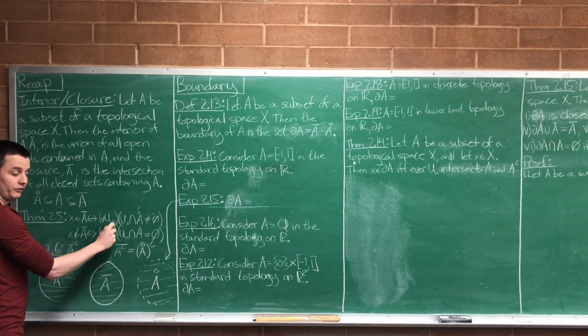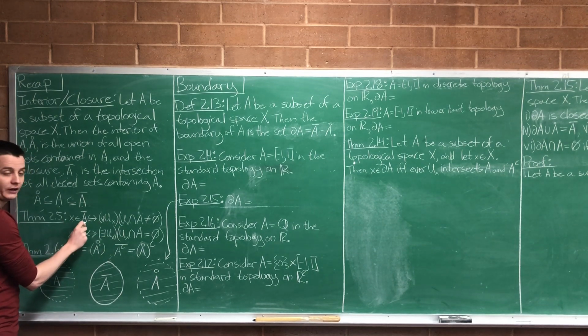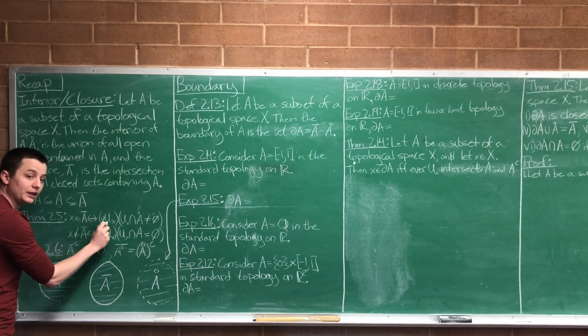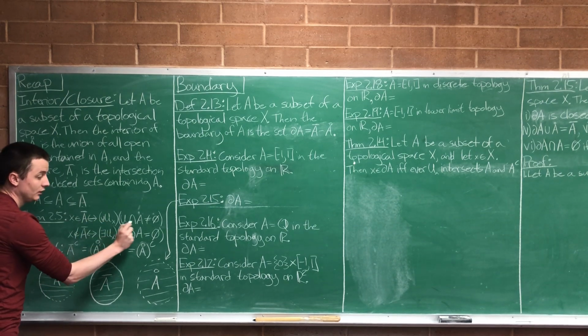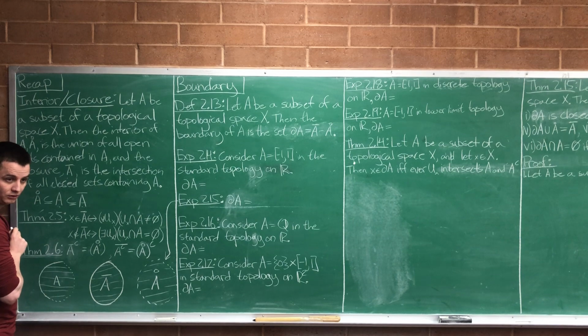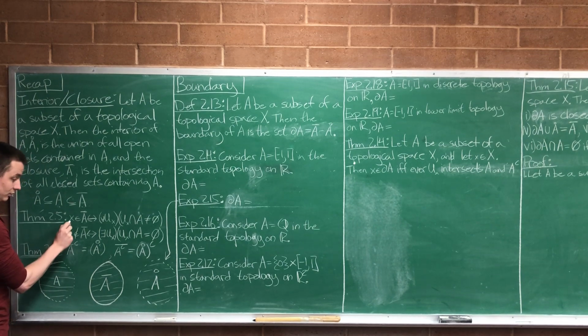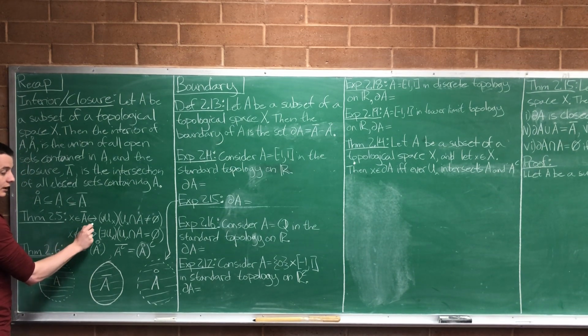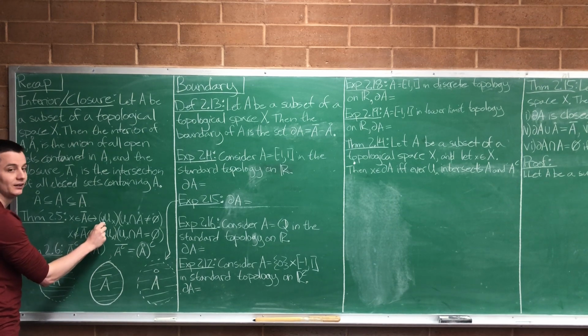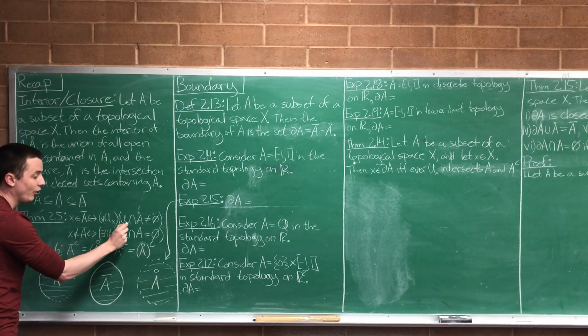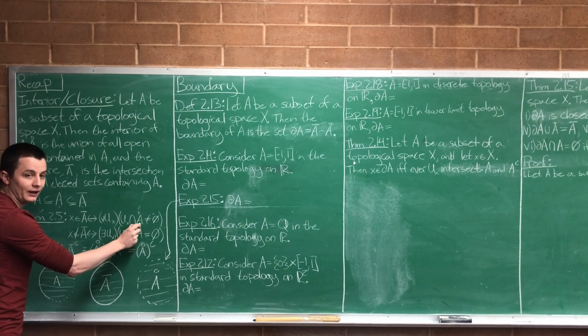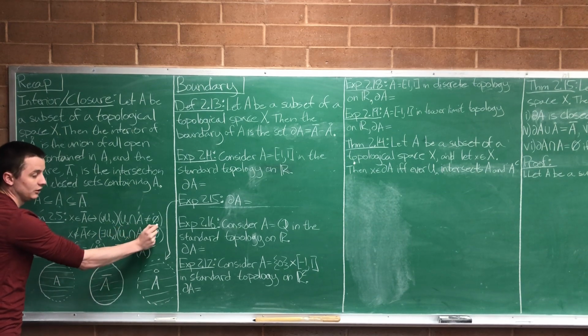A neighborhood of X. So X is in the closure of A if and only if every neighborhood of X intersects A. That's what this says: for every open set containing X, that open set also intersects A. Their intersection is not the empty set.